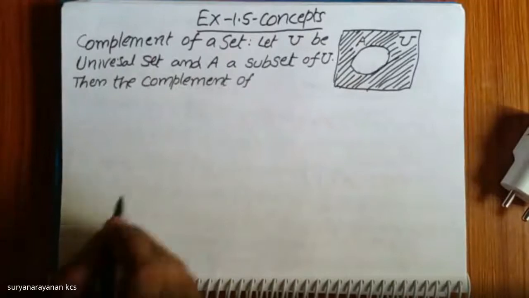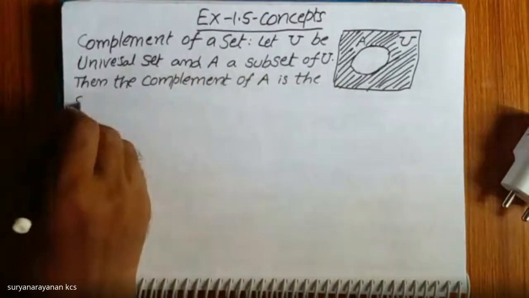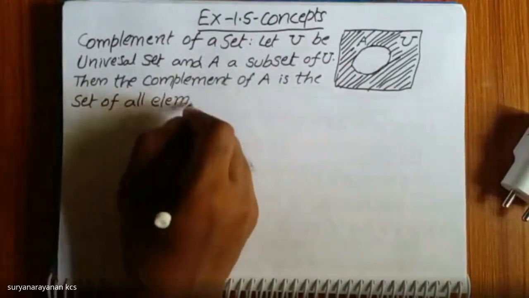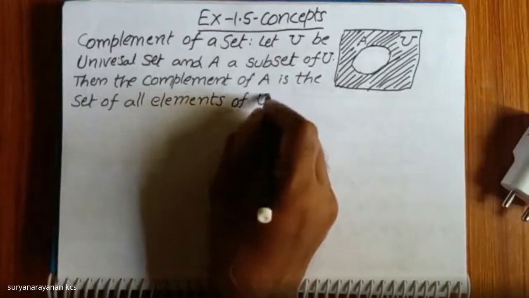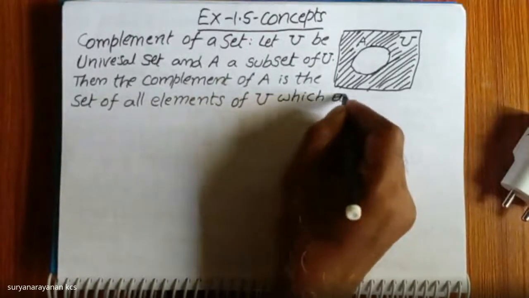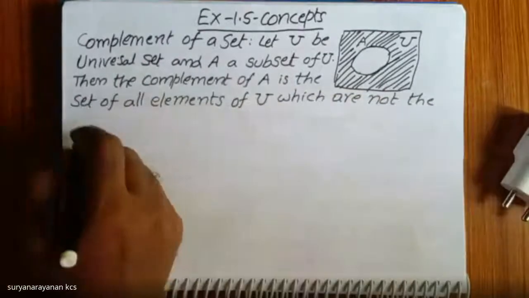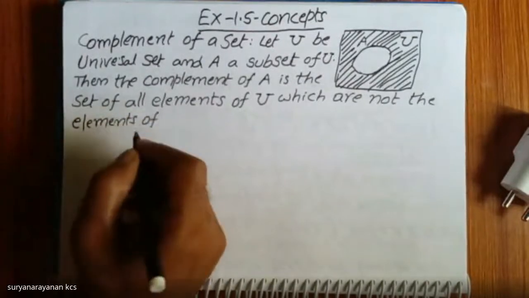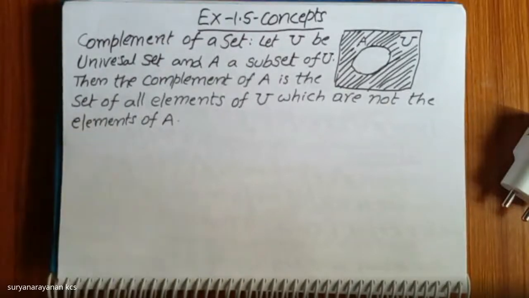Then the complement of A is the set of all elements of the universal set which are not the elements of A. This is the definition of complement of set A.